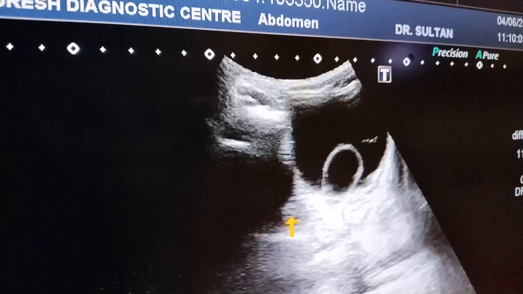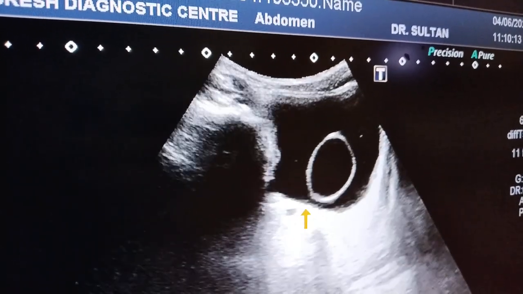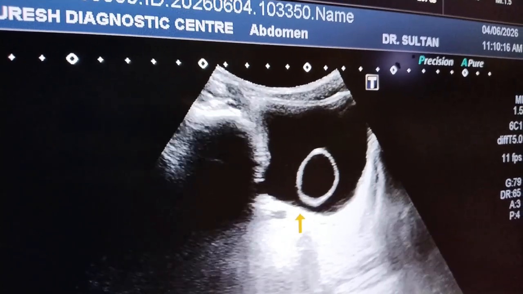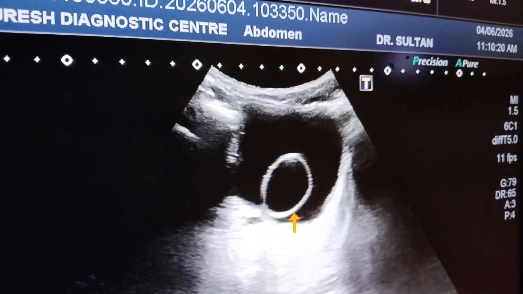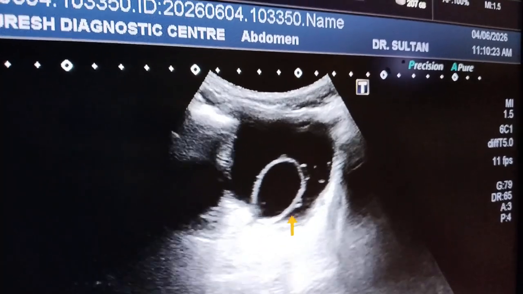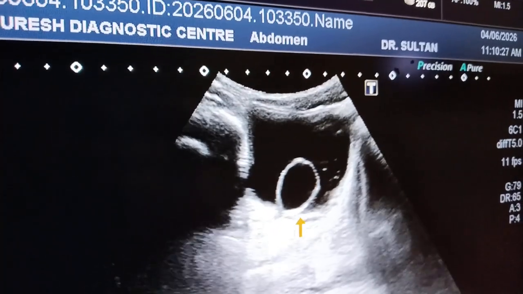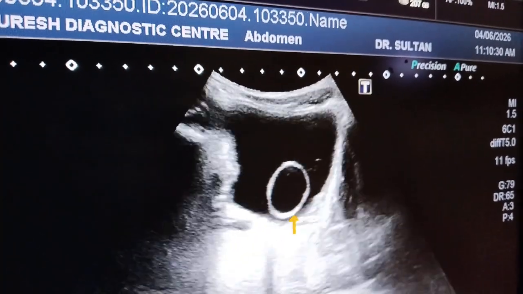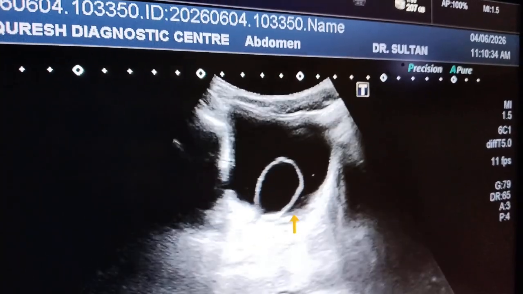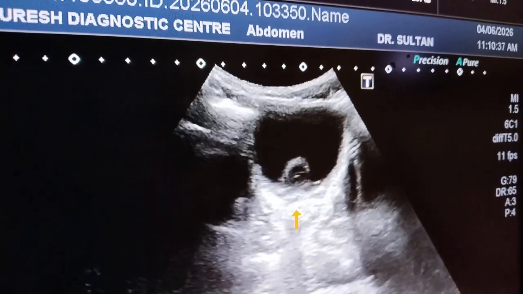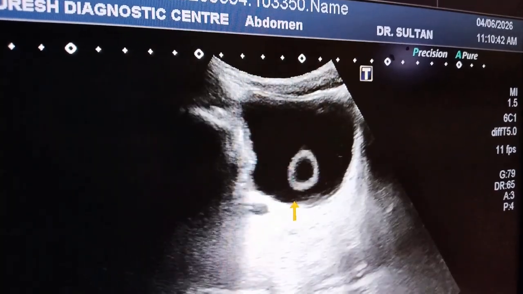While in the ureterocele, there is a failure of complete rupture of that membrane that results in incomplete connection between the urinary bladder and ureter. I mean to say that this membrane is present, it is not completely ruptured.